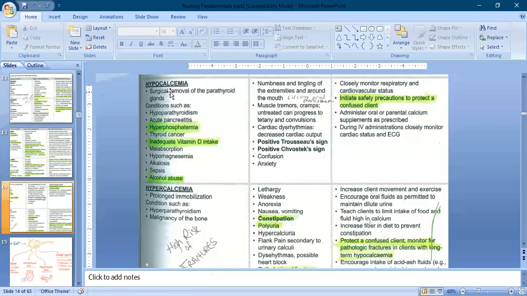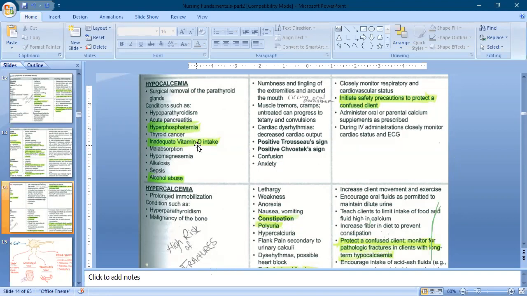Hypocalcemia, basically the cause of hypocalcemia: the major, most important cause is vitamin D deficiency or inadequate vitamin D intake. Inadequate vitamin D intake can cause hypocalcemia, or hypoparathyroidism.